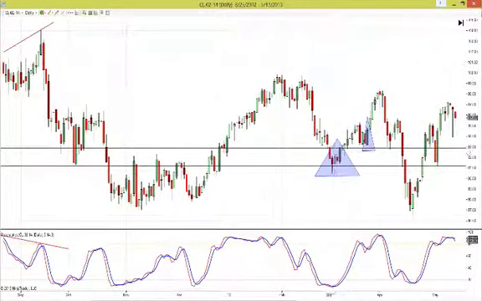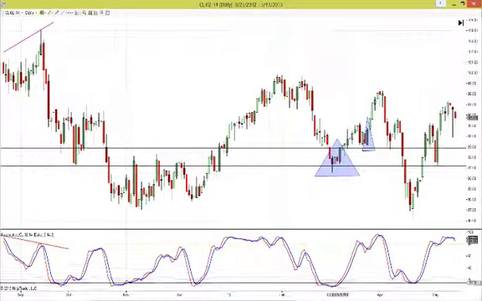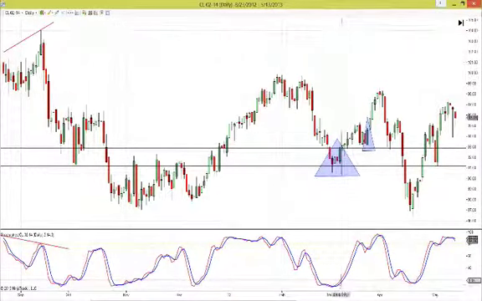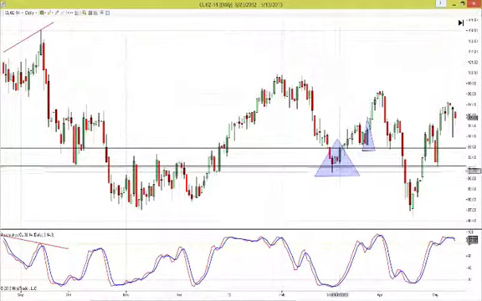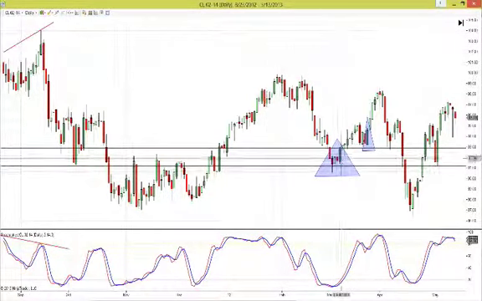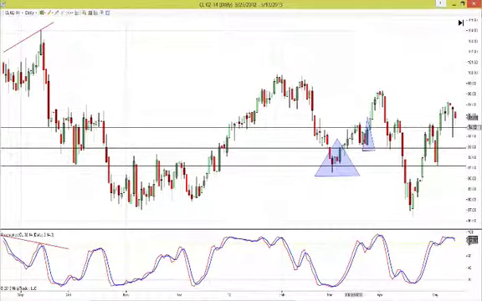Now we are combining not only the fact that we have the stochastic, we have the crossing of the stochastic. Now we are crossing the 20 from below, and we have several candles with big wicks, including this bullish hammer, followed by the bullish engulfing pattern. So this is a great signal.